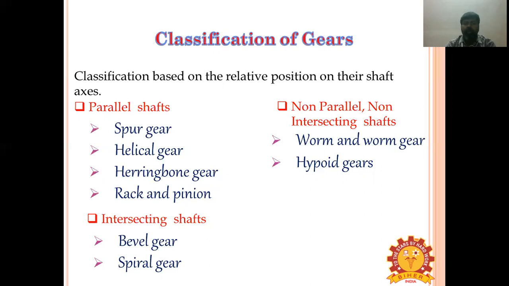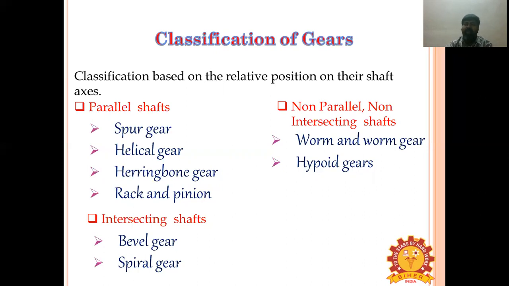When two mating gears are there, the larger gear is the wheel or gear, and the smaller gear is called the pinion. These gears are either cast, or teeth are cut on a circular plate called the gear blank.